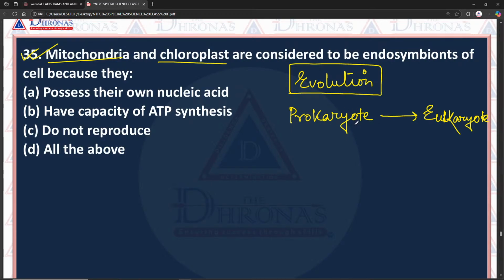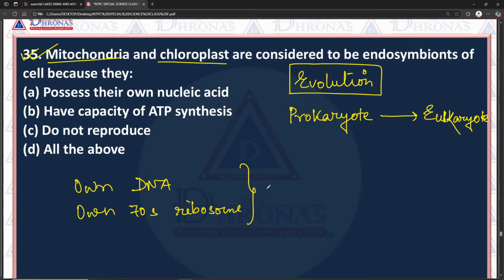Okay. Now this mitochondria and chloroplasts have very unique properties. One of them is they have their own DNA. Mitochondria and chloroplasts, both of them have their own DNA and own 70S ribosome.